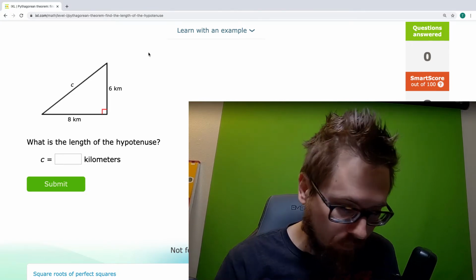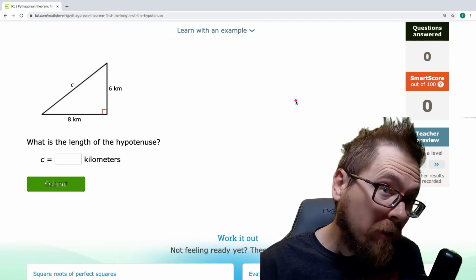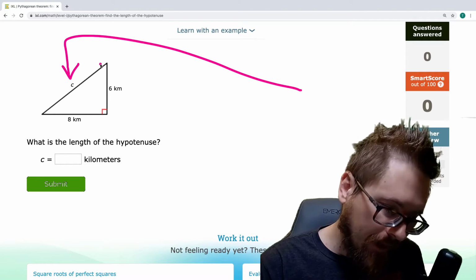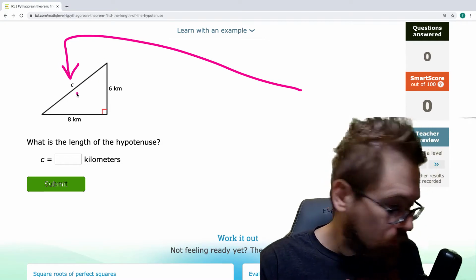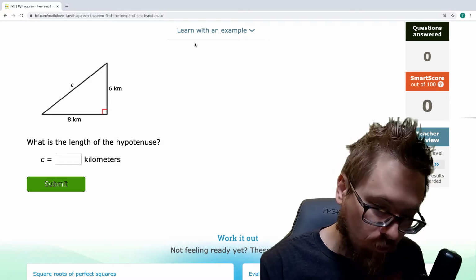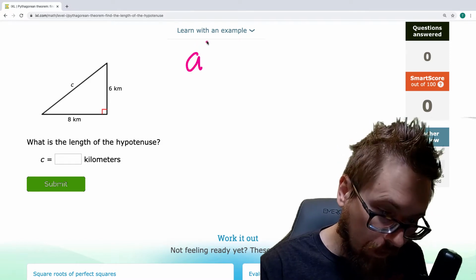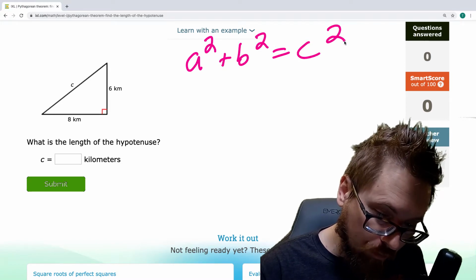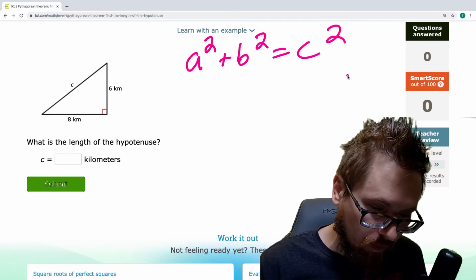So if you notice here, when I talk about the longest side of the triangle, I'm talking about this side here, which is called the hypotenuse, okay? Now, to do this, basically what you want to do is go ahead and let's write the formula down. A squared plus b squared equals c squared. Now, again, we've done this in class, so this is mostly review for you guys, all right?